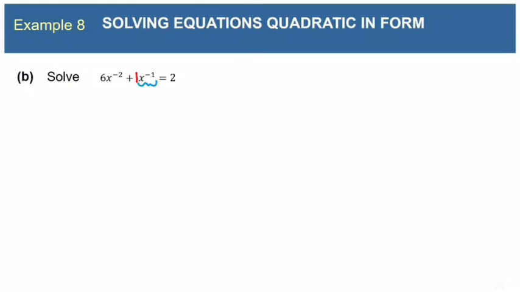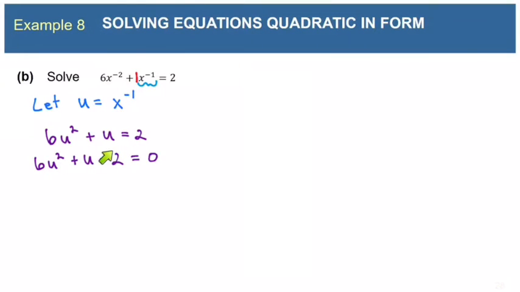So I say let's let u equal x to the negative 1, and then u squared will be x to the negative 2. So we can have 6u squared plus 1u equals 2, and that's a quadratic equation that we can solve.